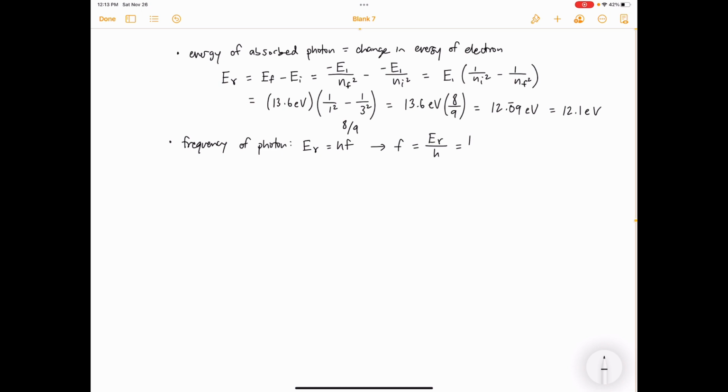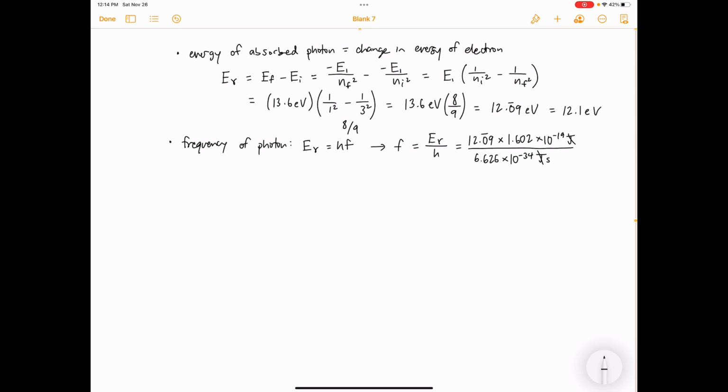The energy of our photon is 12.09 eV, but if I multiply that by 1.602 times 10 to the minus 19, now we're in units of joules. And if I divide that by h, Planck's constant, that's 6.626 times 10 to the minus 34 joules times seconds, I can see that my resulting unit is inverse seconds, and that's the same as hertz. That's what I would expect for a frequency, right?